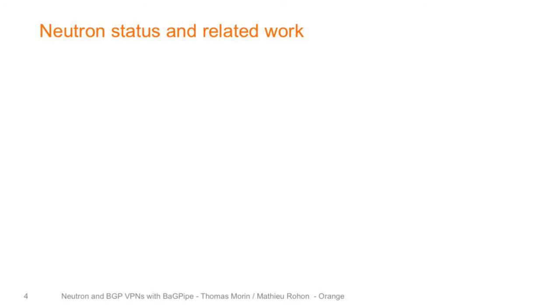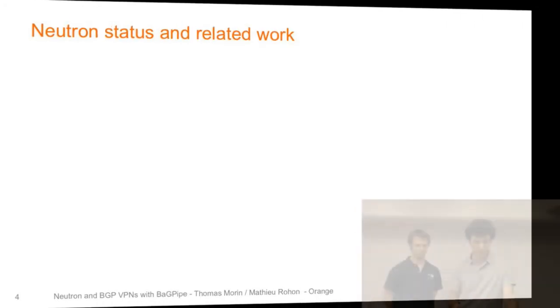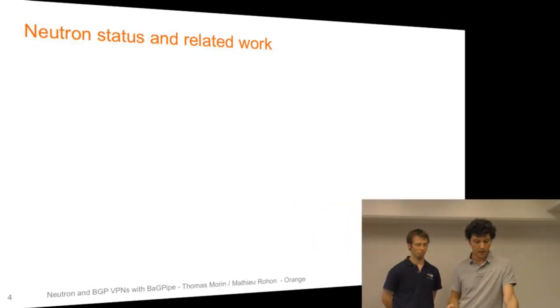Now I will tell you about the status of this work in Neutron. Currently we have the API extension proposed by Mathieu Rohon, who is a core member of Neutron. It is under review currently, and it has to be updated for Kilo.